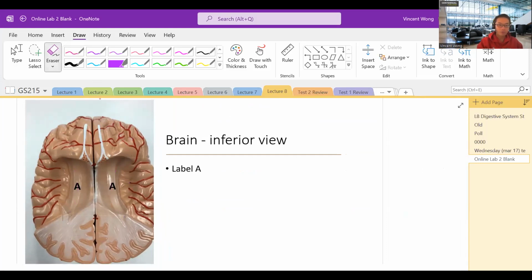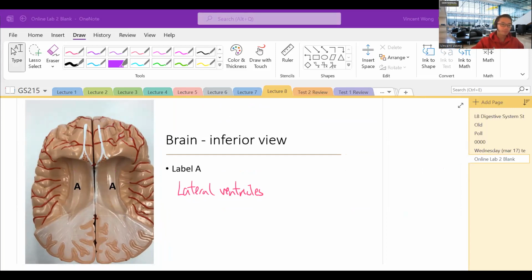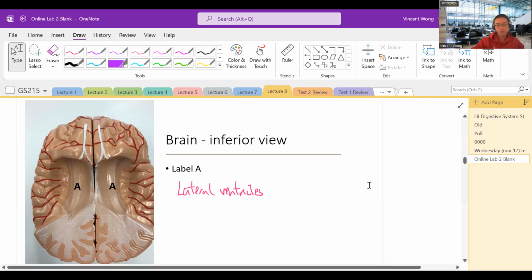That's actually part of your lateral ventricles. Very big. And you have two of them, of course. If you're wondering what these white lines are, those are actually one of your 12 pairs of cranial nerves.